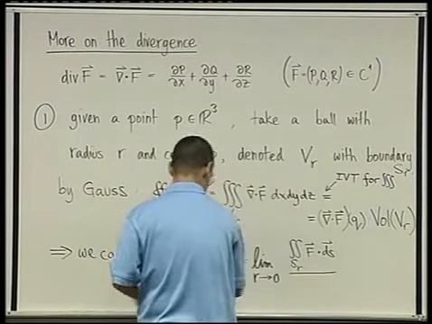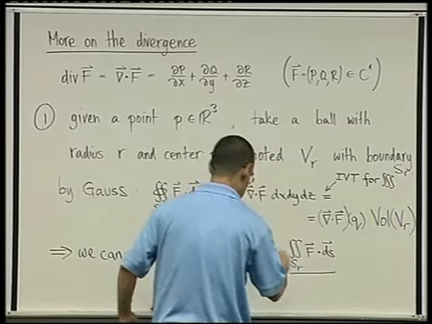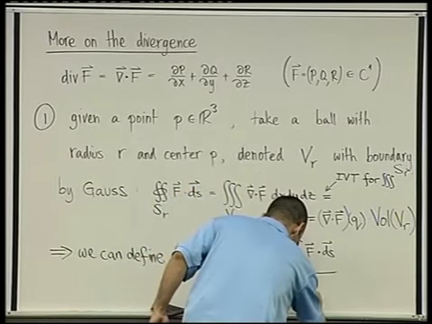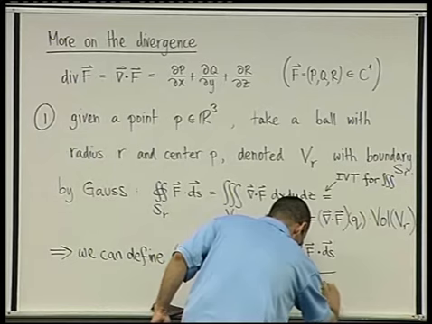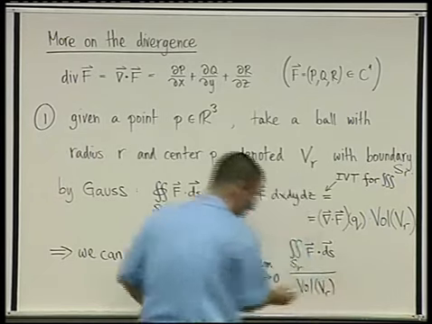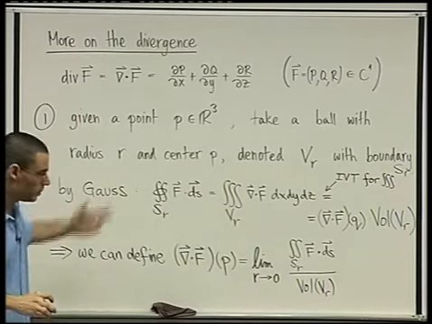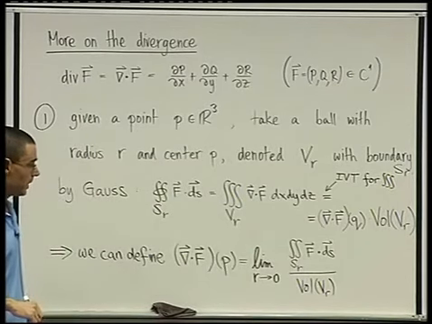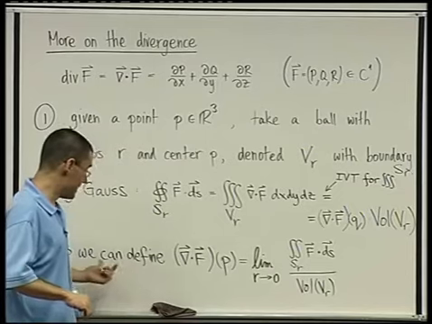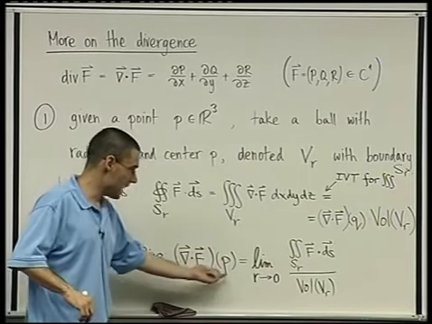I know exactly what the volume is. It's the volume of a ball with radius r. It's 4 pi r cubed divided by 3. So this is the definition of the divergence at the point P.